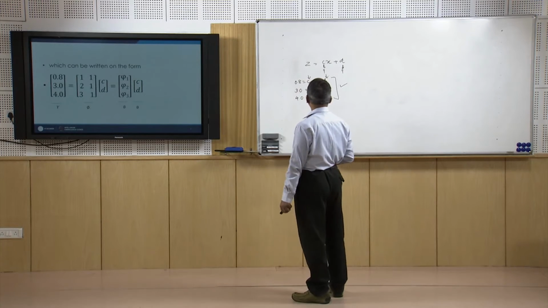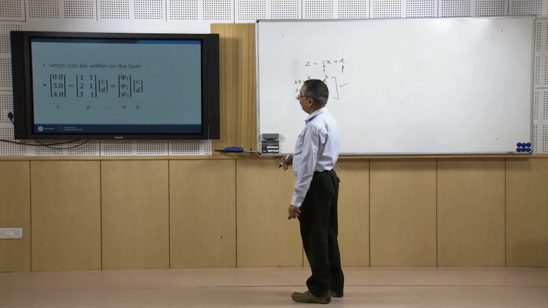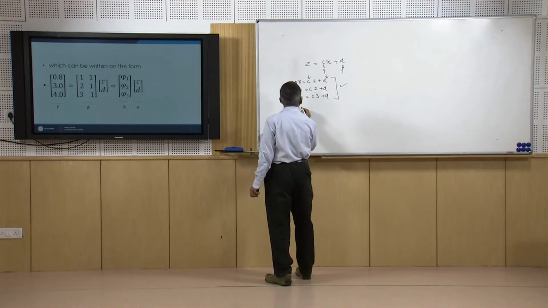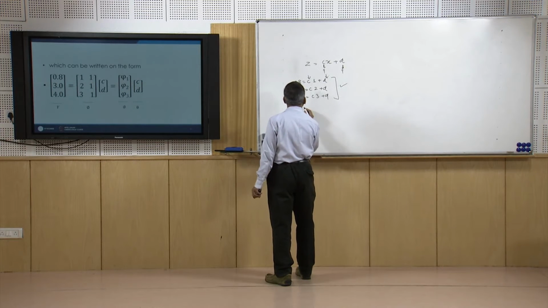So, here what we do is that first we write these three equations in the standard form which we have defined in the previous lecture. So, here first I write the y vector as say 0.8, 3.0, 4.0.